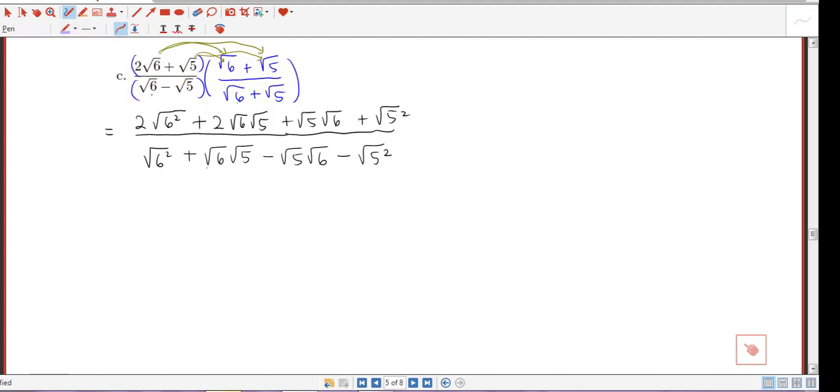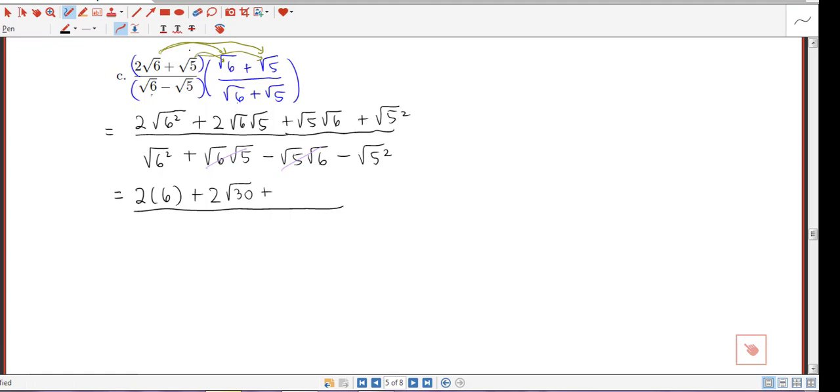All right, now these two are going to cancel each other out, and let's just keep simplifying this a little bit. So here what you're going to get is, let's work on the numerator. 2 times square root of 6 squared is just going to be 6, and then plus 2 times the square root of 30 plus another, hold on, did I make a mistake? Hold on. 2 times this, and then what did I do?